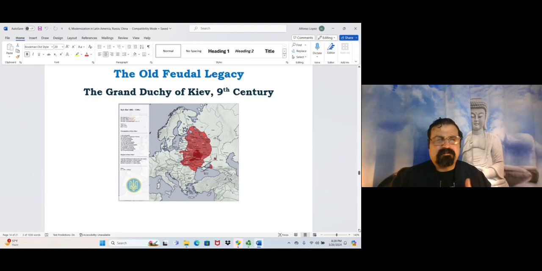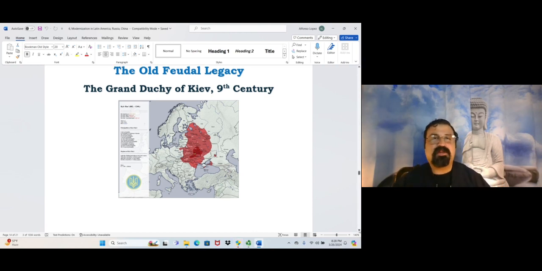So some of those groups moved into Eastern Europe, and there they created a quote-unquote kingdom, the Grand Duchy of Kiev, for example. So it all started, as you see here in this map, in the Grand Duchy of Kiev. This is really the beginning stages of Russia, the very early origins of Russia.